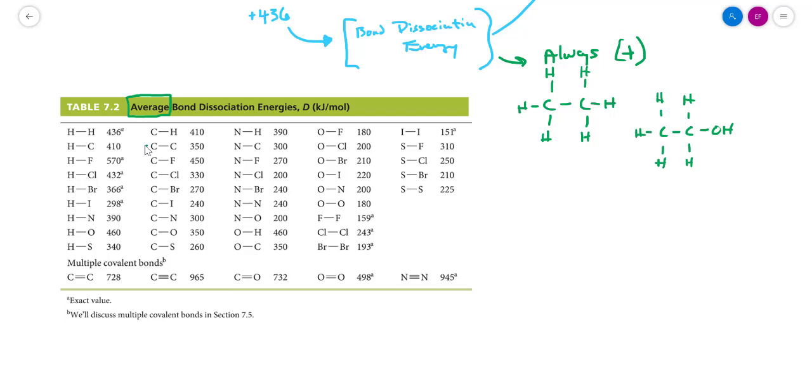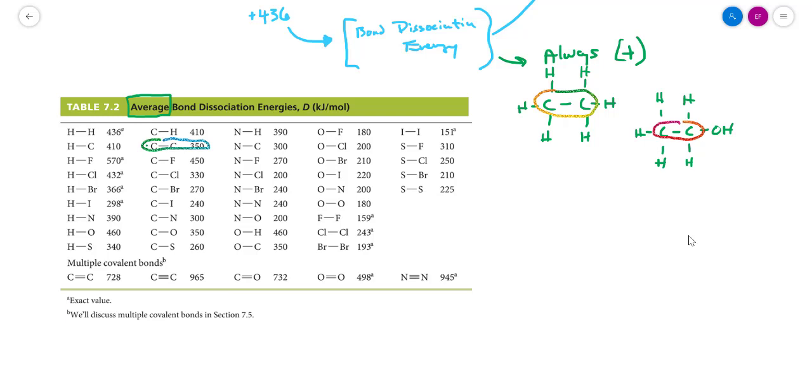So this bond here is the same carbon-carbon bond that's showing up here, but this table is giving us an average value, and that's averaged over all the possible types of chemical environments that that carbon-carbon bond could be established within. And so you can get a sense, looking at this table, how bonds can be dramatically different in strength.